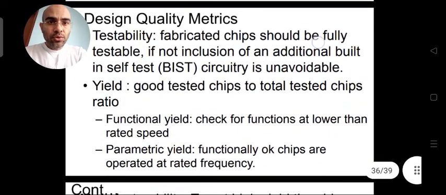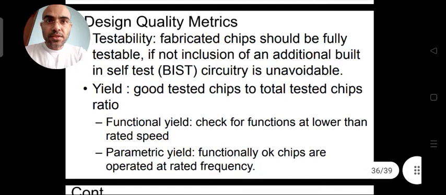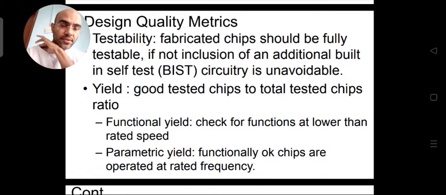Now let's move on to the last part of this lecture, that is the design quality metrics. When you are designing an IC, one of the things you should see is that the IC should have the ability to test itself. Nowadays these ICs are so huge, with so many transistors, that if you try to test them manually, it will take a lot of time to verify all the functionality.